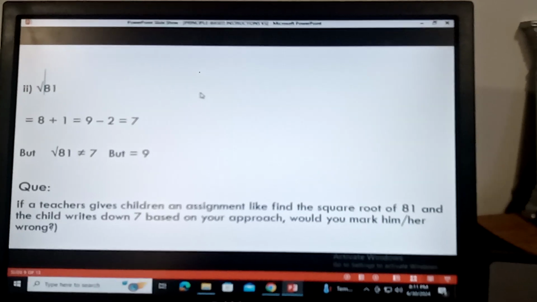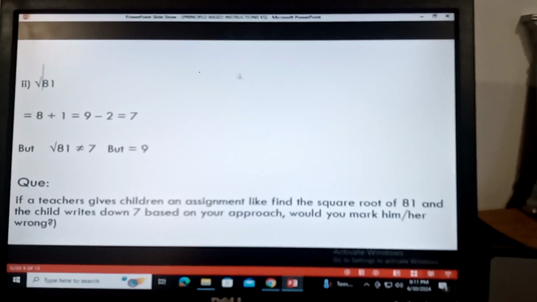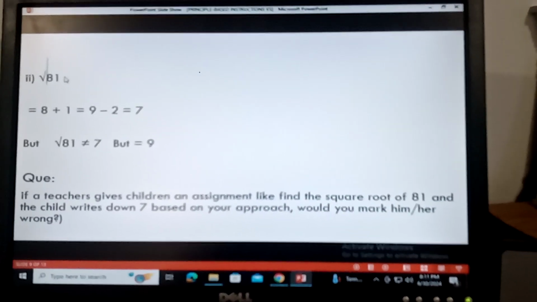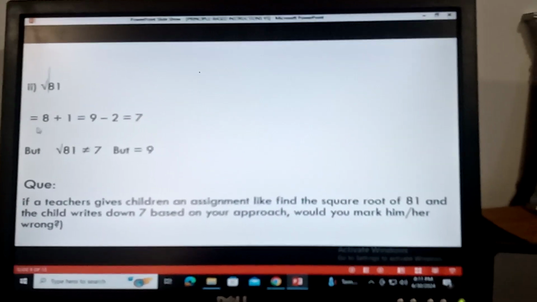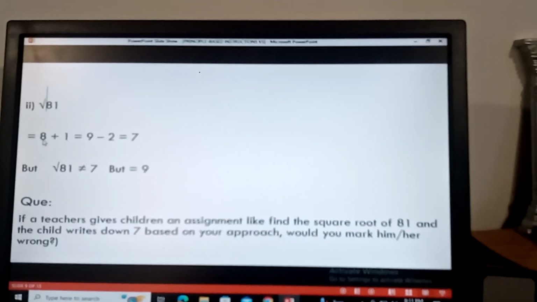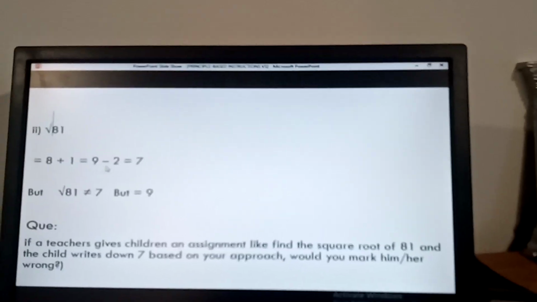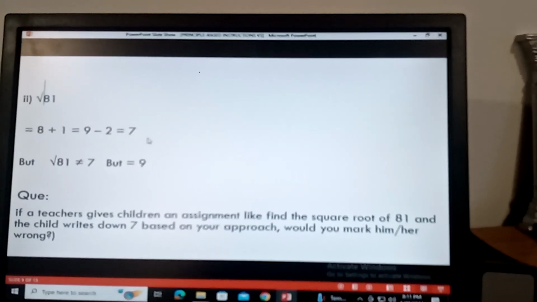If you think maybe that was not enough to understand, we are also going to look at the square root of 81 using the teacher's method. So 81, we will have 8 plus 1 equal to 9, minus 2 equal to 7.